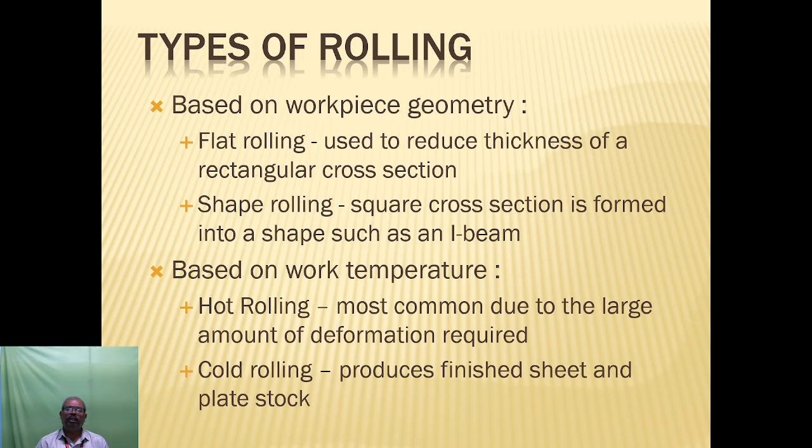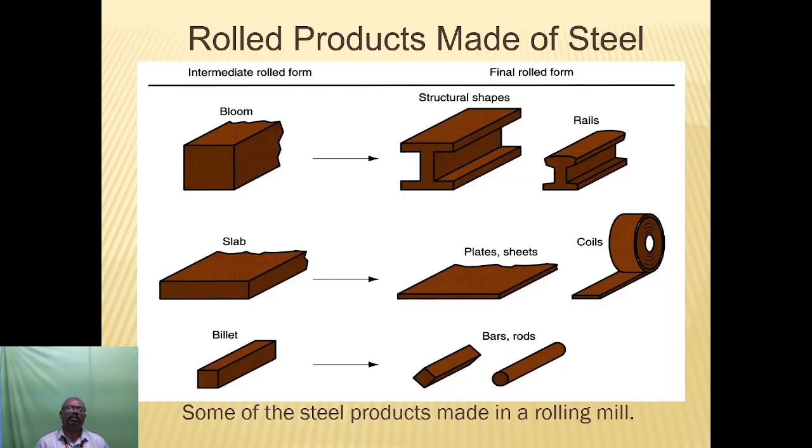In shape rolling, a square cross section is formed into a shape such as an I-beam. Hot rolling is most common due to the large amount of deformation required. When the deformation amount is very large, then you have to go for hot rolling. Cold rolling produces finished sheet and plate stock.